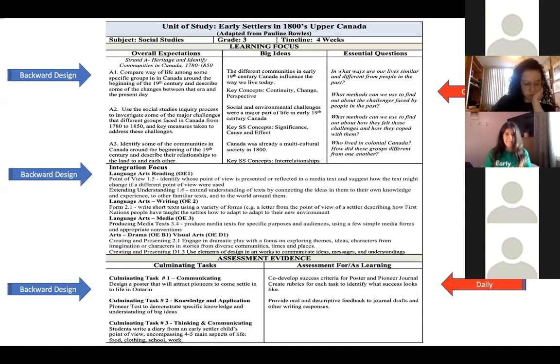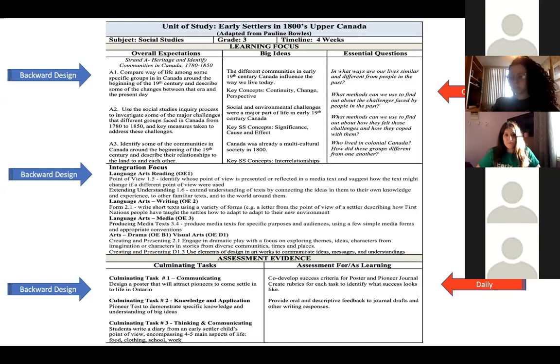All right. So what she's done is looked at the overall expectations and then decided, okay, in the context of that, I can also target some language and I can also target some arts. And so then think about now in this unit, what are some big ideas that are attached to these overall expectations that will make sense? This is not necessarily something that you have to do, but I find it focuses your attention for planning.